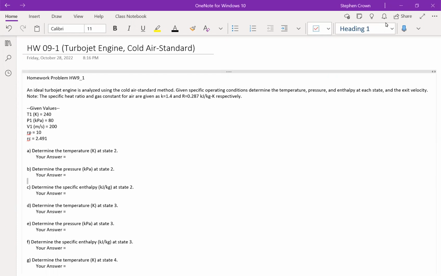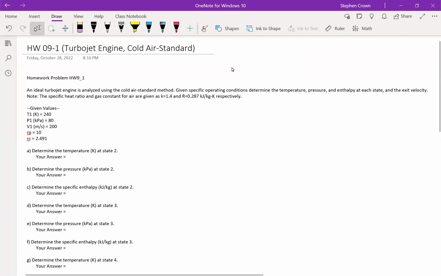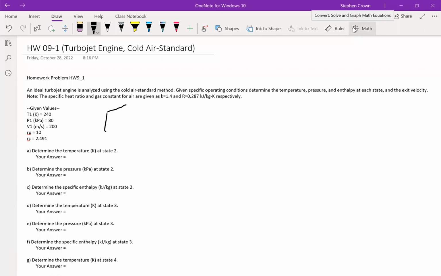We've got a diffuser. So I have my diffuser, then my compressor, my heat exchanger, my turbine, which drives my compressor, and finally my nozzle.